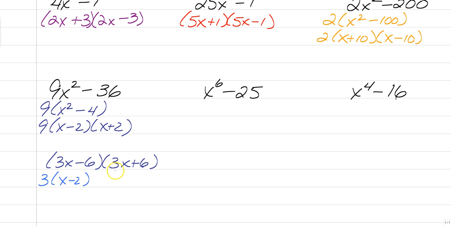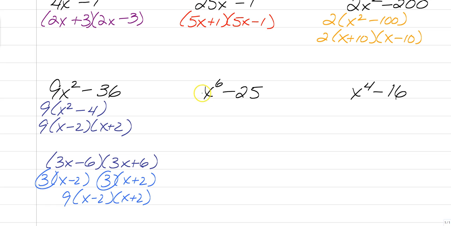And you can factor out a 3 from the second one, leaving you with x plus 2. And your 3's on the outside can just be multiplied together and combined to 9 times x minus 2 times x plus 2. So you get the exact same answer, but in order to keep things a little bit safer, you should always look for a GCF first.